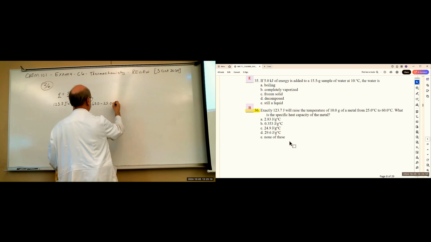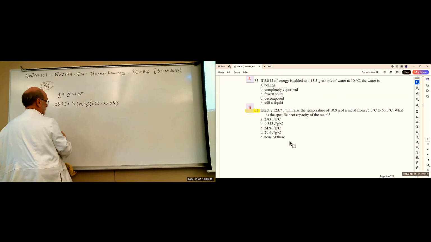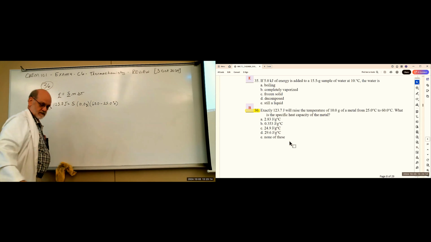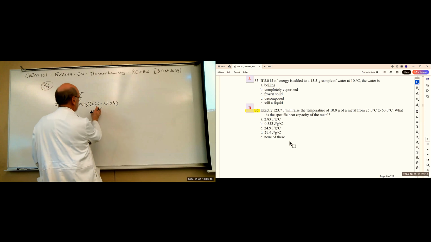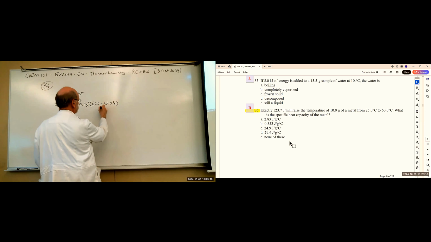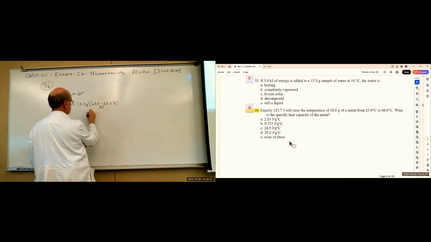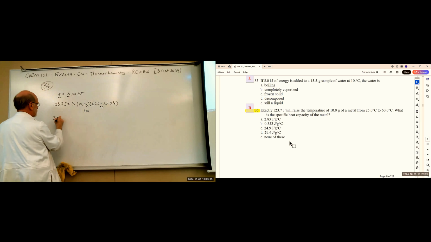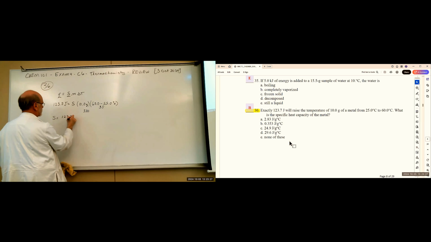So now all we have to do is say, all right, I might be able to do this one in my head. 35, right? Times 10 would be 350. So S is equal to 123.7 divided by 350.